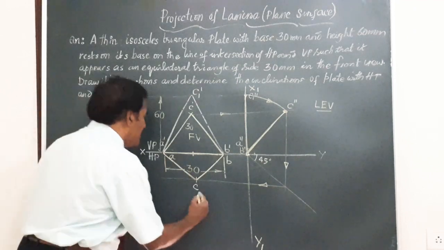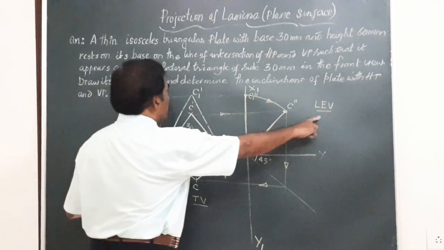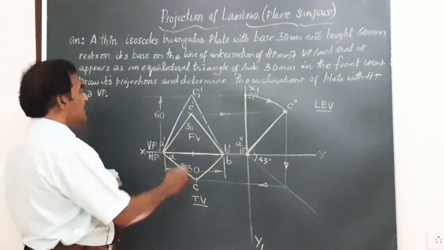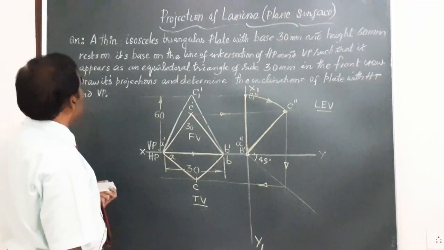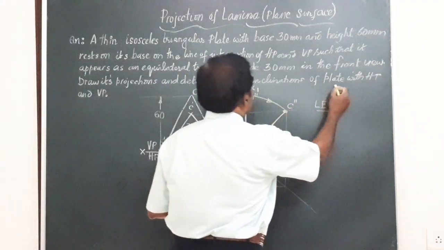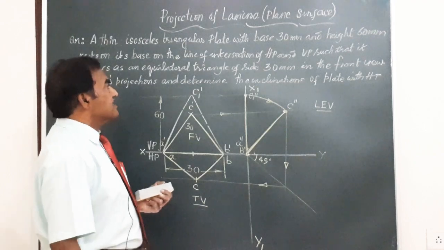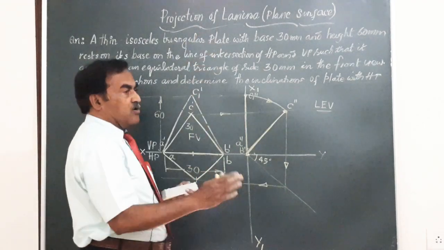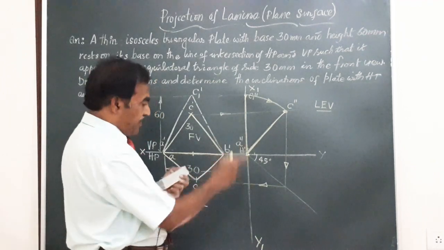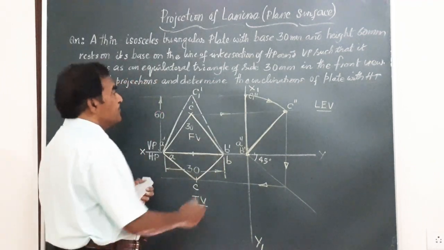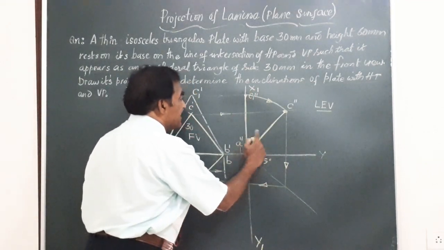Friends, you can see here, this is the top view. This is the left side view or left hand view. This triangle is the front view. Now friends, finally it is asked in the question to find the inclination of the plate with HP or VP. Friends, you know very well that the vertical plane or the wall in front of you and the horizontal plane, the floor, are perpendicular to each other. So this is our vertical plane, this is the horizontal plane, they are meeting at 90 degrees.